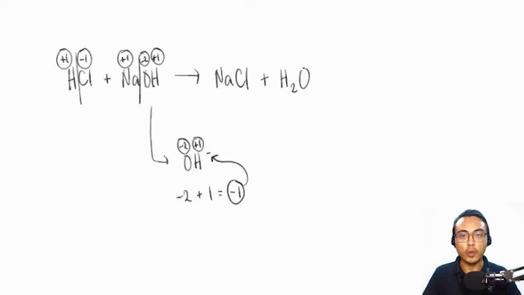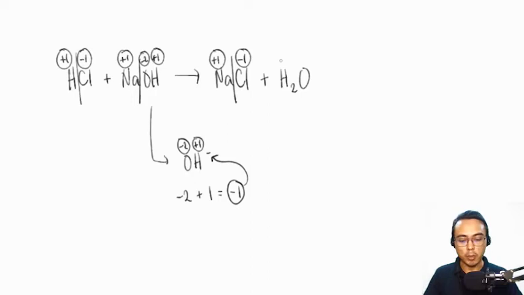Next, on the product side, we have sodium chloride. If I split this again to show the cation and the anion, our cation is sodium. Sodium being in the first group of the periodic table, it has a charge of positive 1. And chlorine being in group 7, it's a halogen, it has a charge of negative 1. Now, water is one of the most common compounds that you will encounter in electrochemistry.